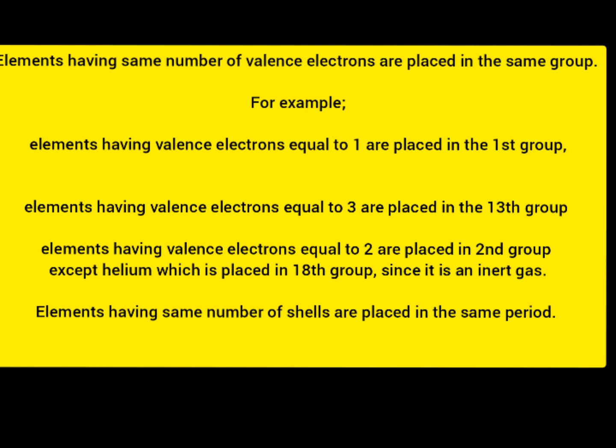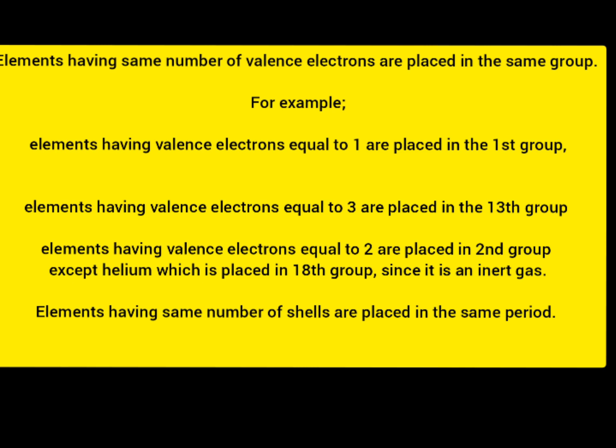For example, elements having 1 valence electron are placed in the first group. Elements having 3 valence electrons are placed in the 13th group. Elements having 2 valence electrons are placed in the second group, except helium, which is placed in the 18th group since it is an inert gas.